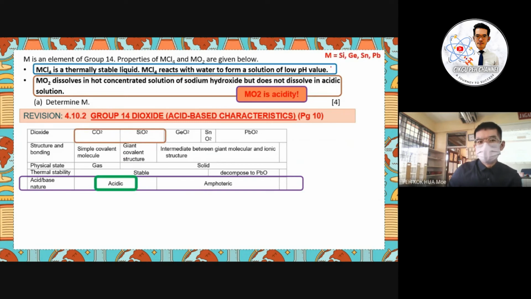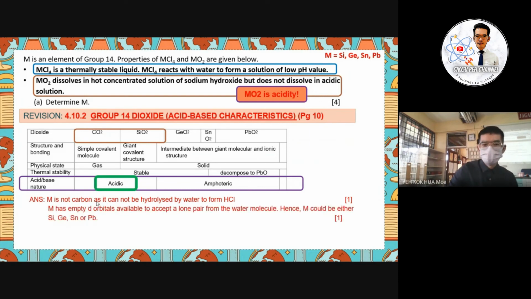And we know already from the first statement, there are silicon, germanium, tin, and lead. So N is not possible for carbon, because carbon is not able to undergo the hydrolysis process. So N will be the others. They should have the d orbital, which can accept the lone pair from the water molecule. So from the first statement, N is possible for silicon, germanium, tin, and lead.